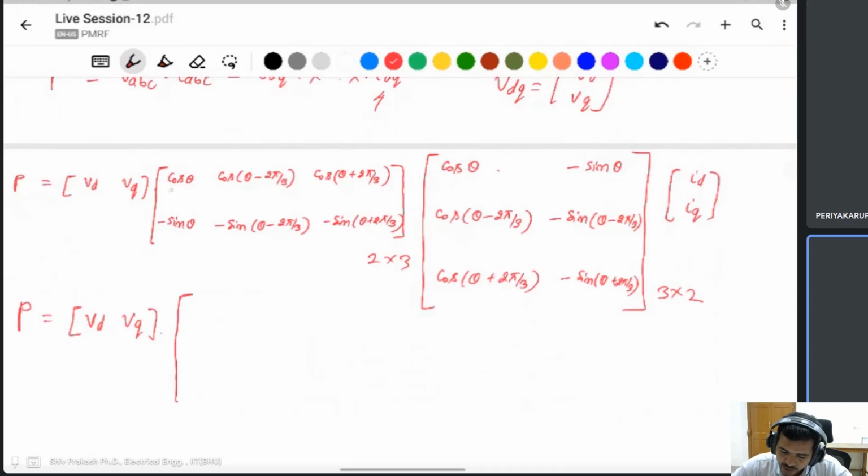And the second term, cos theta multiplied by sin theta, will be minus of cos theta sin theta in the second position.